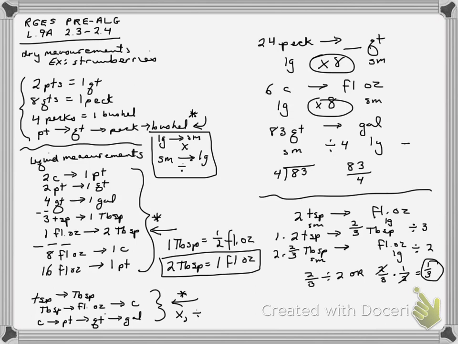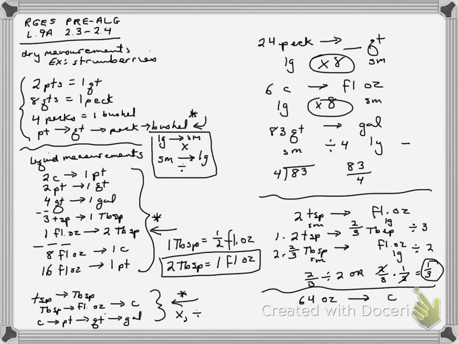For number 2, it says Mr. Garcia bought a 64-ounce jar of apple juice. How many cups of apple juice? I'm sorry, this is a new problem. We're going from 64 ounces, this would be fluid ounces because it's juice, to cups.